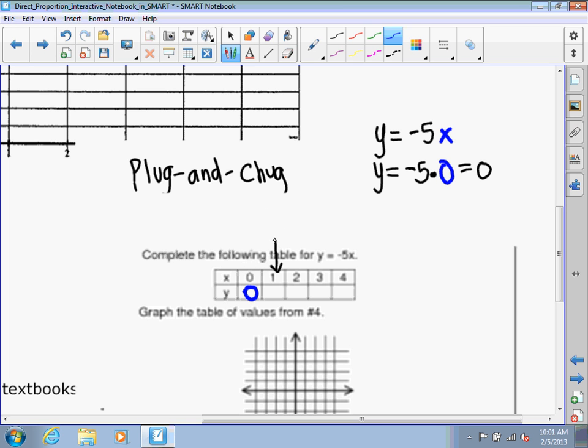Okay? The next number that we're going to plug in is a 1. Regular pencil. Y equals negative 5 times colored pencil 1 equals. What's negative 5 times 1? Negative 5. We put a 1 in, we get negative 5 out.